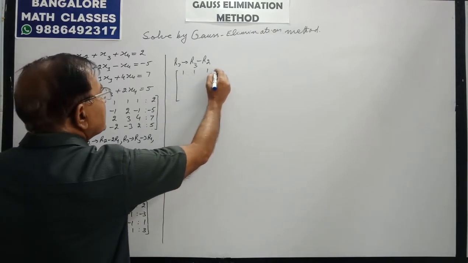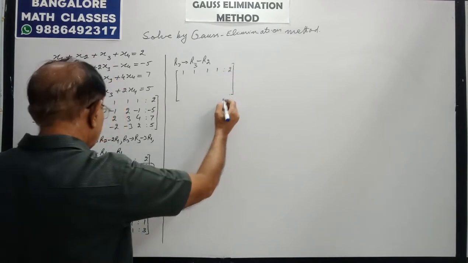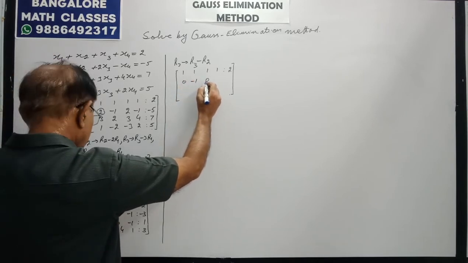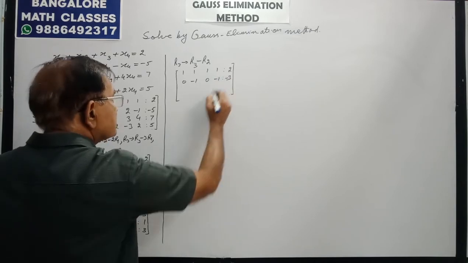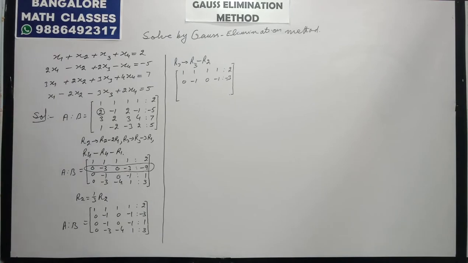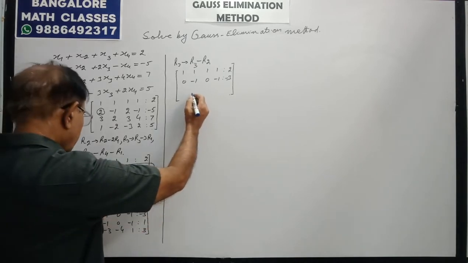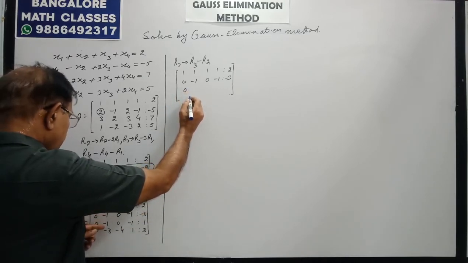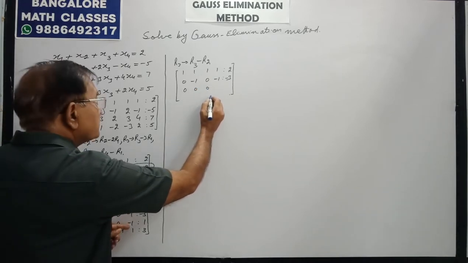R1 as it is, R2 as it is. R3: now I want R3 minus R2. R3 subtracted 0. See here, R3 first entry is 0. Subtracted we will get 0, 0, 0.